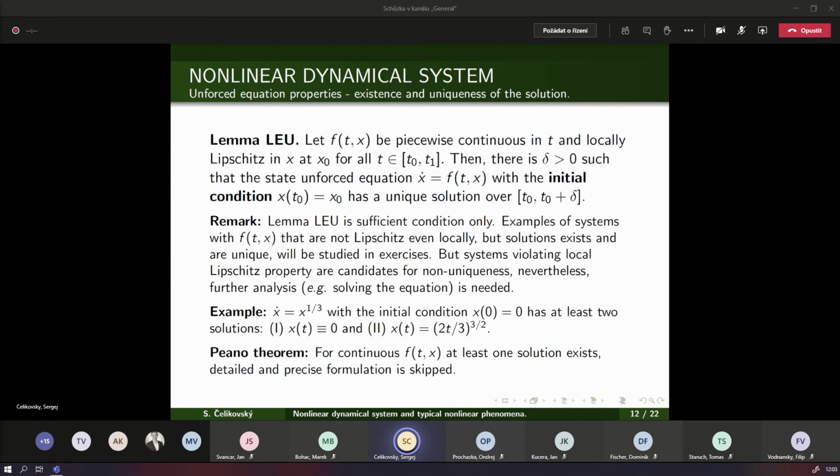It's good to know just this basic idea that a continuous right-hand side guarantees at least one solution. But there may be several solutions. If you have the Lipschitz property, then you have a unique solution, but perhaps only on some small future interval.